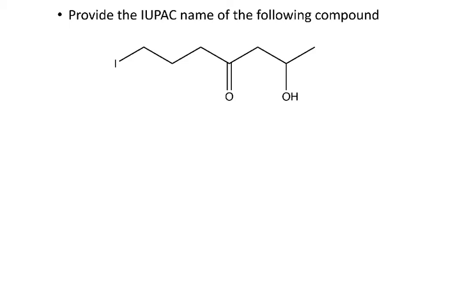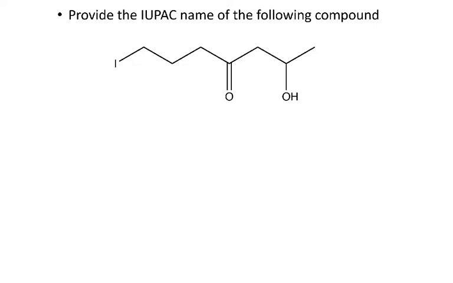Okay, one last example. So I have a halogen, it gets no priority. And then I have an alcohol and a ketone again. So the ketone is going to get the special priority. Then for the numbering, where I could go 1, 2, 3, 4, or 1, 2, 3, 4, neither one will distinguish from one another. So then I want the next group to get the lowest number possible.